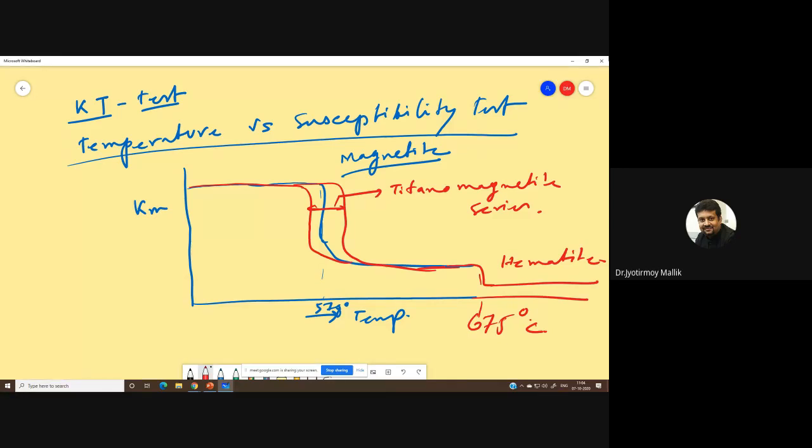Depending on the replacement of titanium between iron and titanium, there will be a range in value that will represent the series, either the ilmenohematite series or the titanomagnetite series. So the Curie temperature is pretty characteristic in finding out the magnetic mineralogy by doing a temperature dependent susceptibility test.